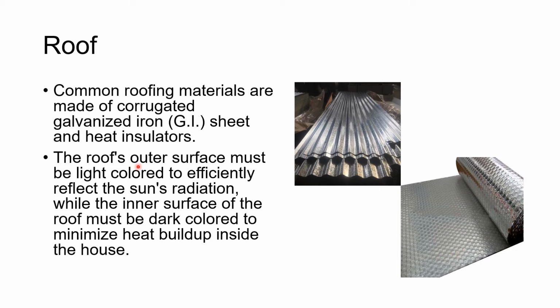So, the roof's outer surface must be light colored to efficiently reflect the sun's radiation, while the inner surface of the roof must be dark colored to minimize heat buildup inside the house. So, kailangan daw na yung outside, yung side ng roof na nasa labas, must be light colored.